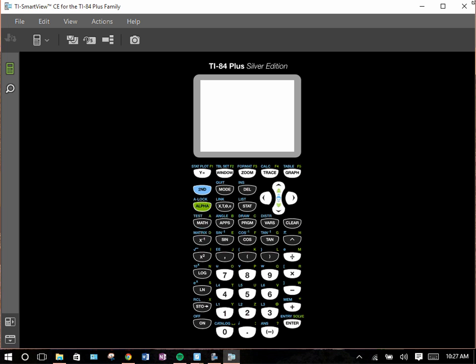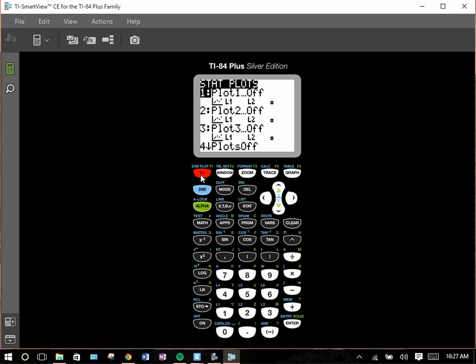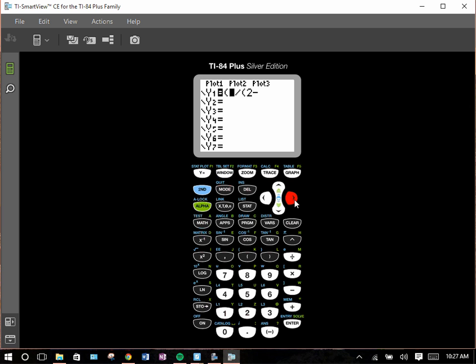Before you hit it, I'm actually going to go 1 divided by 2 minus x, just to be on the safe side. So 2 minus x, and then I'm going to close all these parentheses, and then hit plus 3. And then graph it.